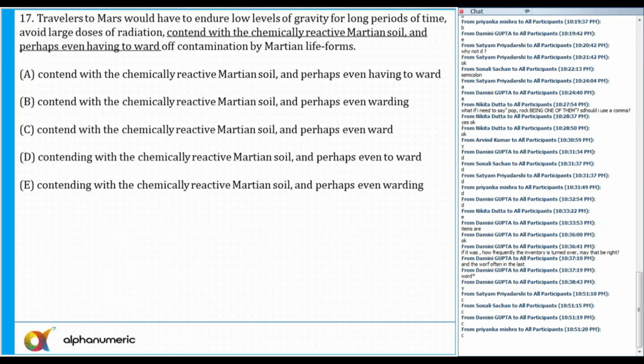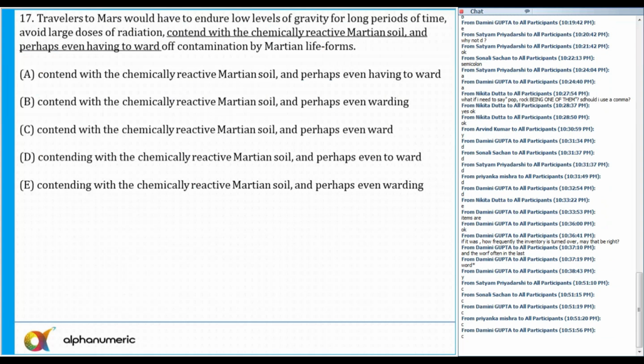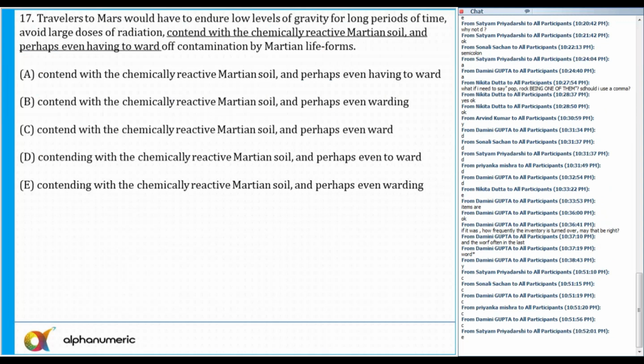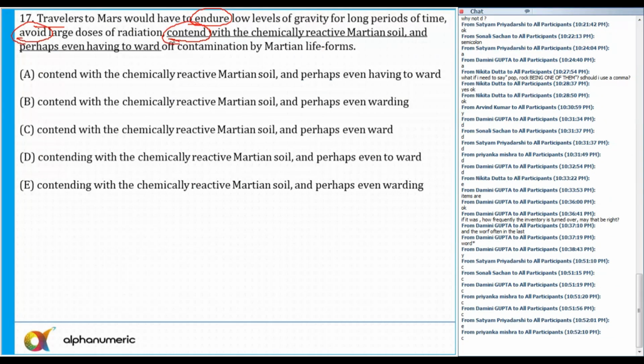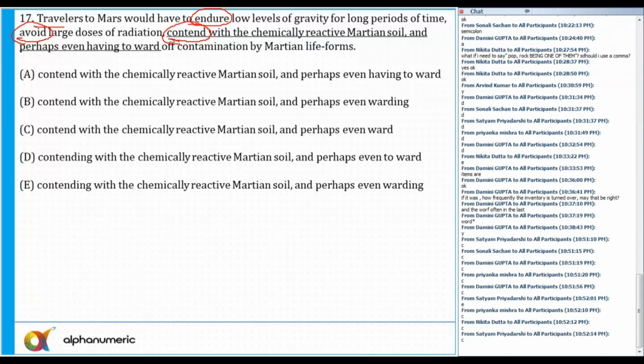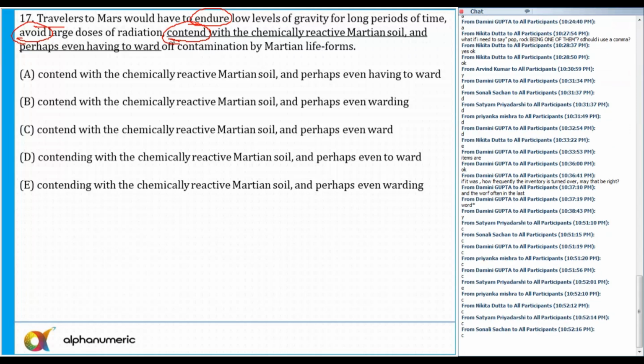Travelers to Mars would have to endure low levels of gravity for long periods of time, avoid large doses of radiation. So, what would the travelers have to do? Number one, endure. Number two, avoid. Number three, contend with the chemically reactive Martian soil, and perhaps even this now is not parallel.